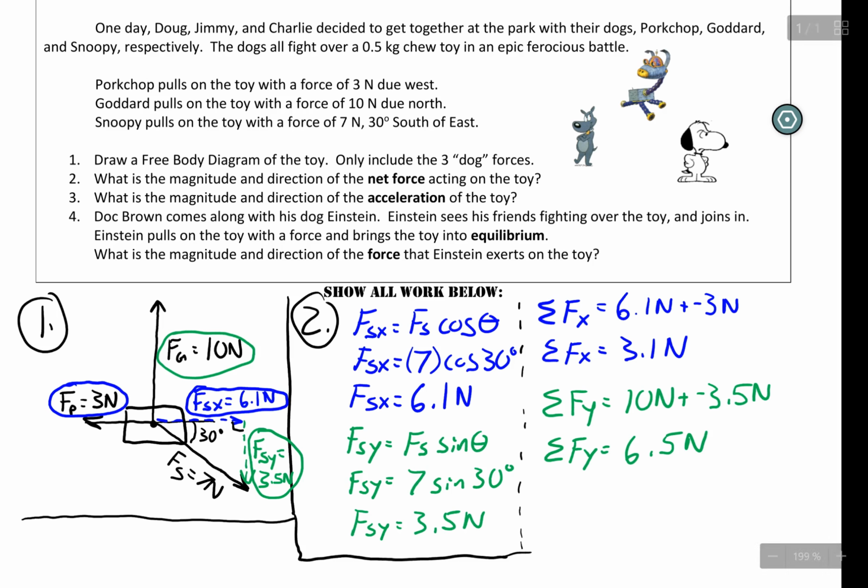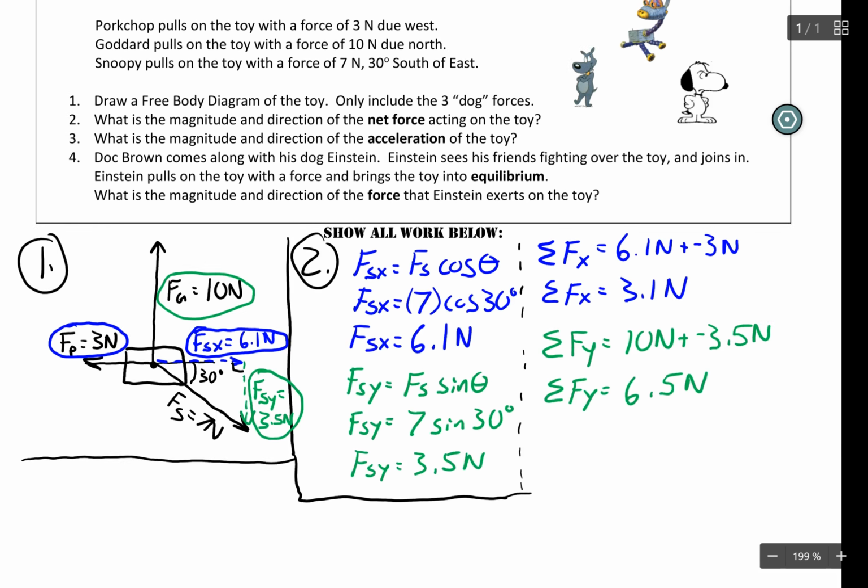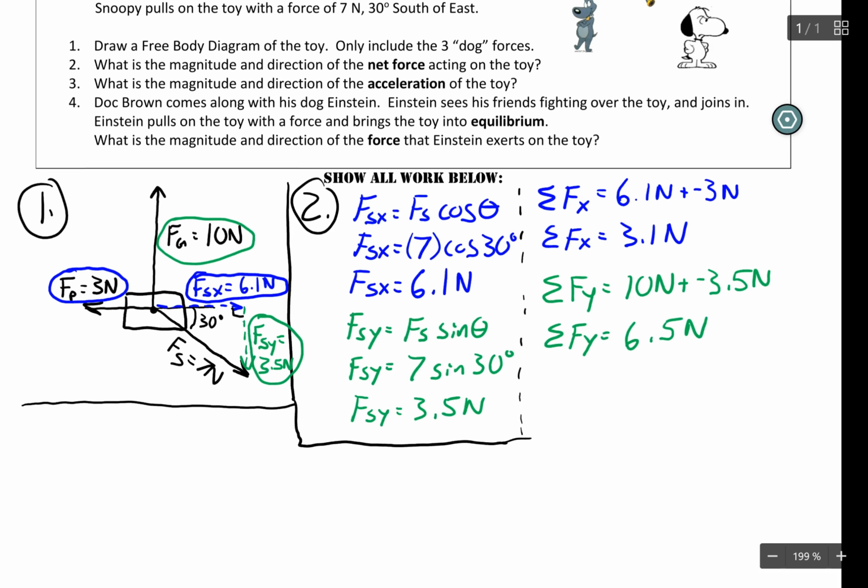So now we have a net force in the x direction and a net force in the y direction. Now we're ready to add these forces together. Let's draw them. We could redraw the box, we could make a new free body diagram, but now we're just going to include the x and y forces, the net forces in the x and y direction.